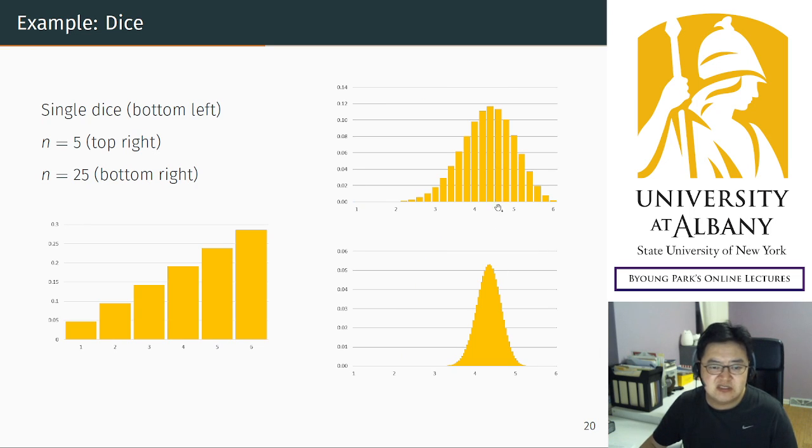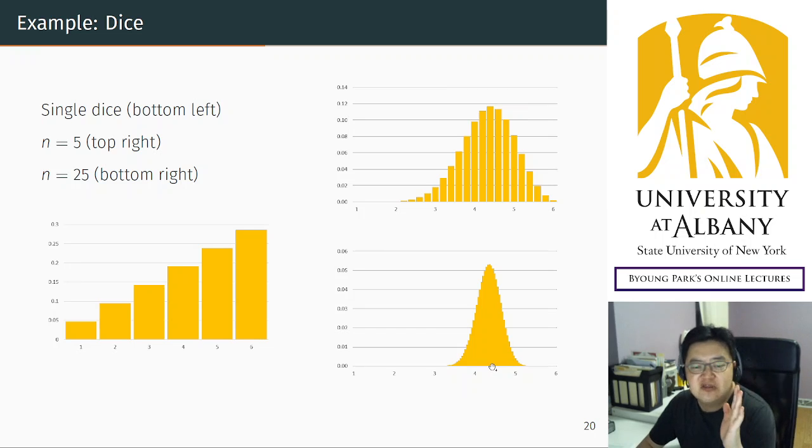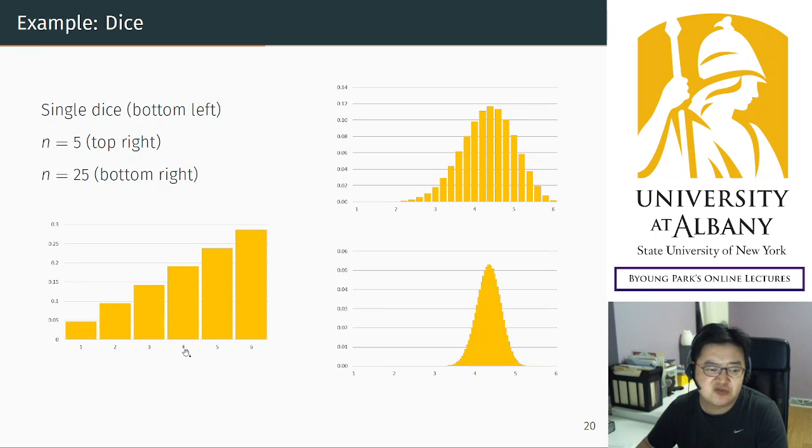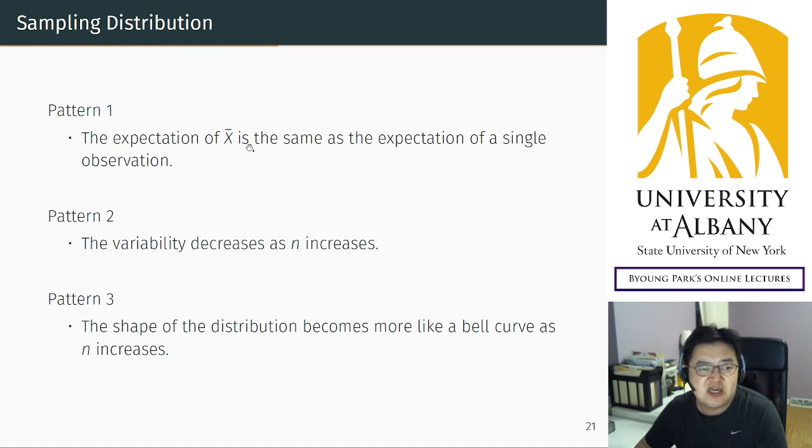And in this case, the center is above 4, as more probability is put on the larger outcome. So the mean is larger than 4, between 4 and 5. And then the sampling distribution has the same center. So the center is fixed from the single distribution. The mean of the single distribution is the mean of the sampling distribution. So the expectation of x bar equals the expectation of a single observation.